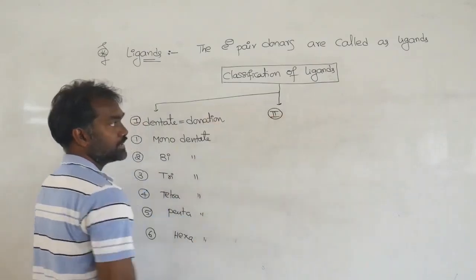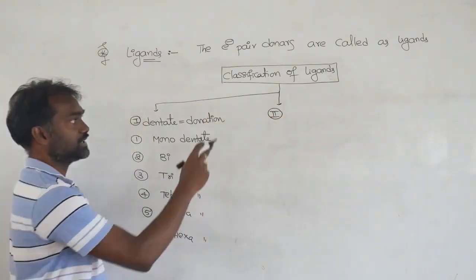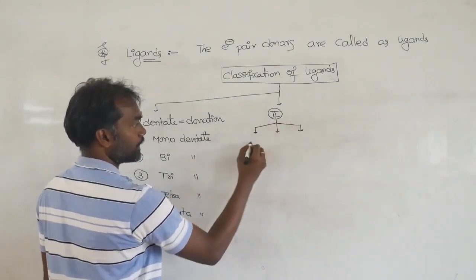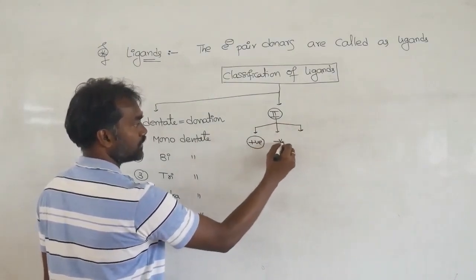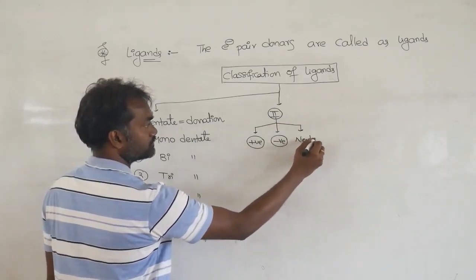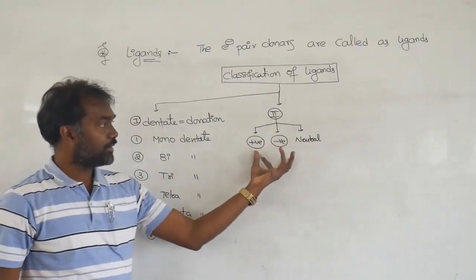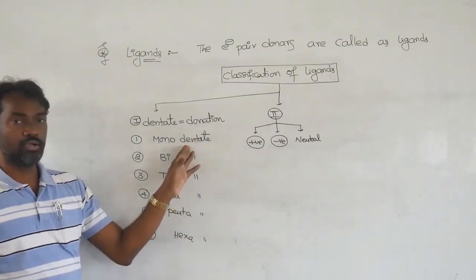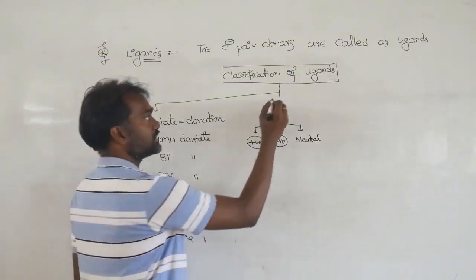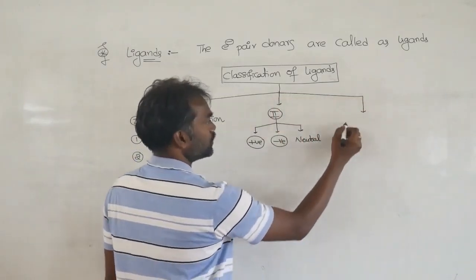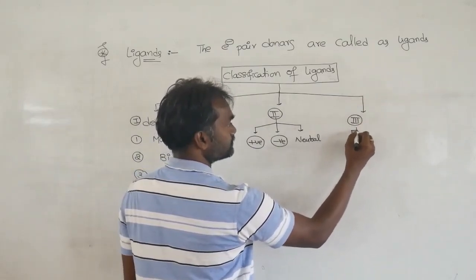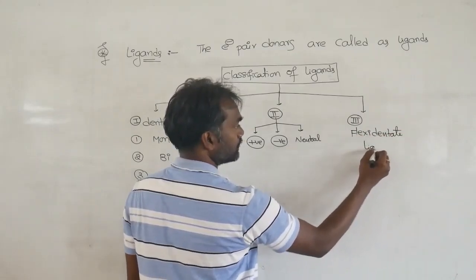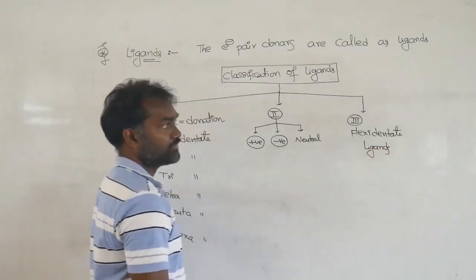Next, second category. These are available as positive, negative, or neutral. This combination is also linked up: positive monodentate, negative monodentate, neutral monodentate, like that also. Next, flexidentate ligands. The name itself is flexi.